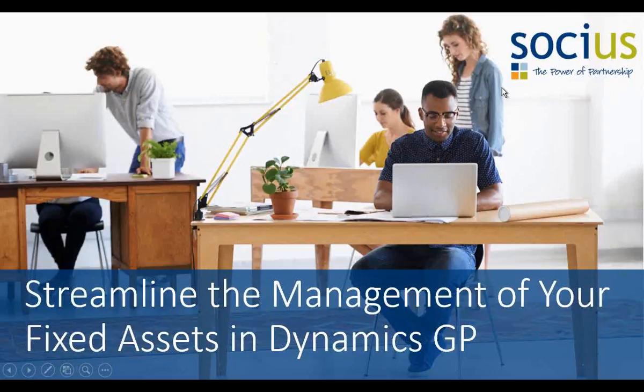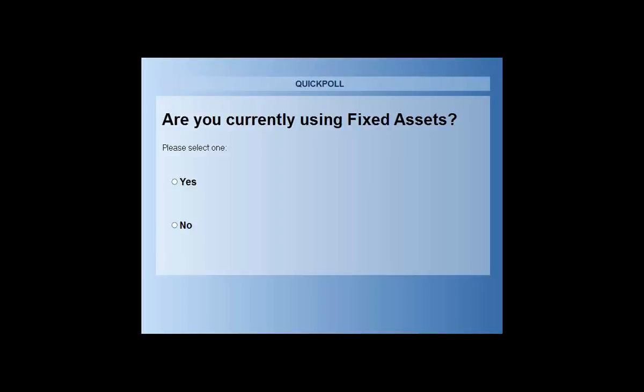that are available. Before we start jumping into details here, I just have a quick poll that I'd like to get out there for everyone. If you could just let me know how many of you on the call today are using fixed assets. That would help me tailor this to my audience.